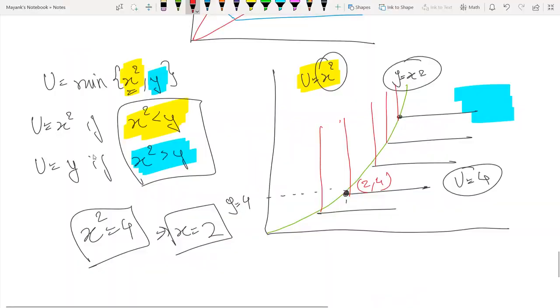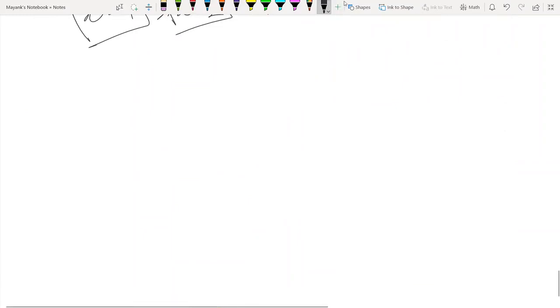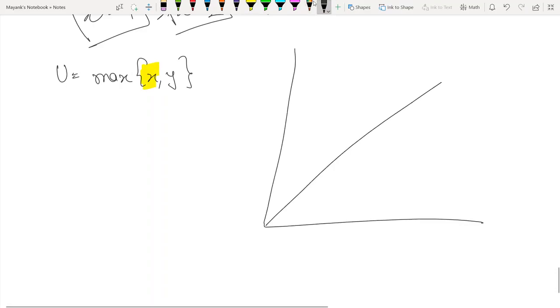Max of x comma y. When will this function report x? When x is greater than y. So which region is that? The right side. So on the right side, you will have utility equal to x.